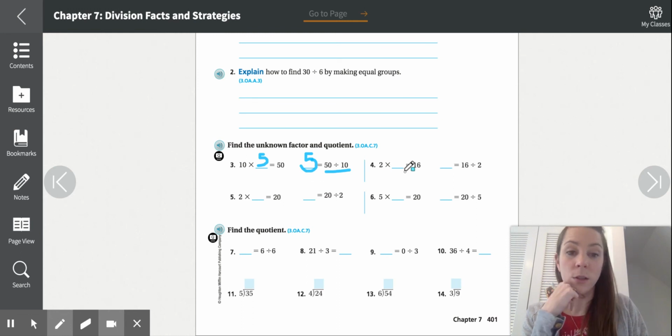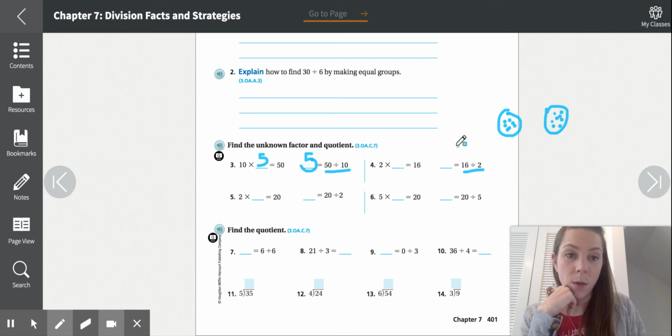But if you're a person who doesn't, you would actually come over and solve this first with a picture or the strategy we learned, which was how to divide by 2. But I'll just show the picture. 16 divided by 2, and you pass them out. 1, 2, 3, 4, 5, 6, 7, 8, 9, 10, 11, 12, 13, 14, 15, 16.